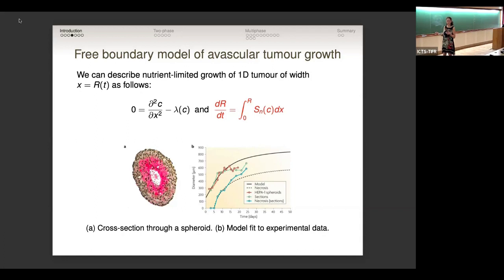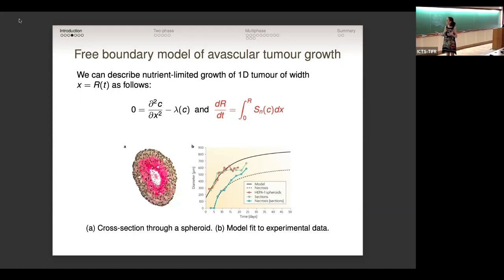So at a given spatial position, X, within my domain, which lies from X equals 0 tumour centre to X equals R, outer boundary, I can read off what the local oxygen concentration is, the local value of C. If C is high, then I produce more cells, the volume will increase. If C is low, then cells will die and the volume will decrease.